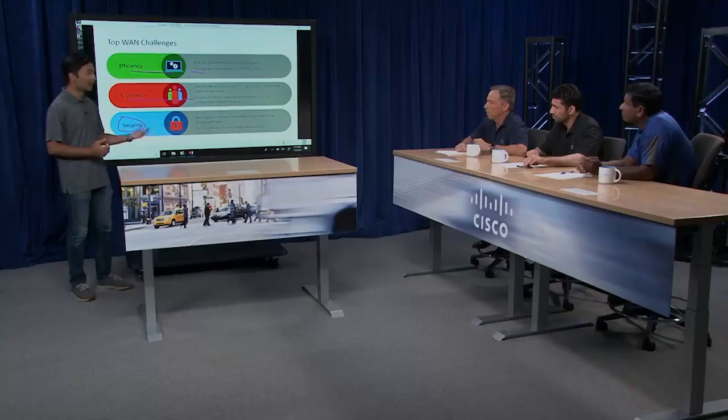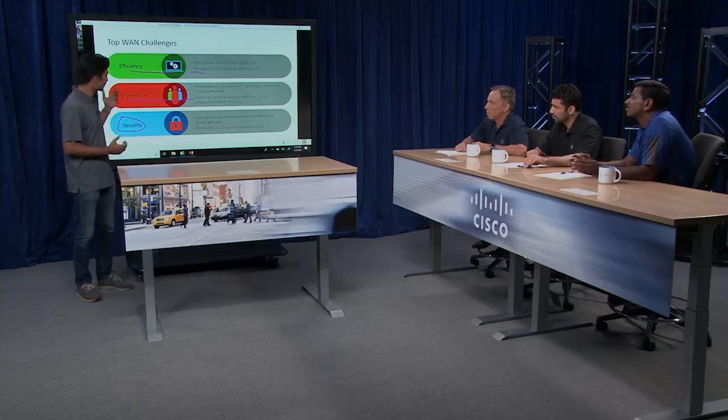Okay. And so when you talk about efficiency, it's perhaps steering applications towards the appropriate transport rather than just trying to load balance. I can remember in the old days, trying to bring up internet circuits only to find that they were not very supportive of certain applications, and they really just kind of sat there as backup. Absolutely.